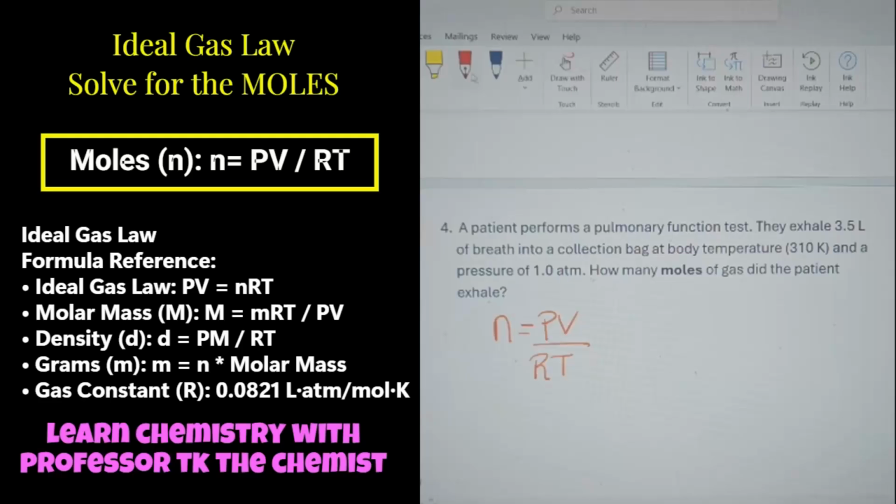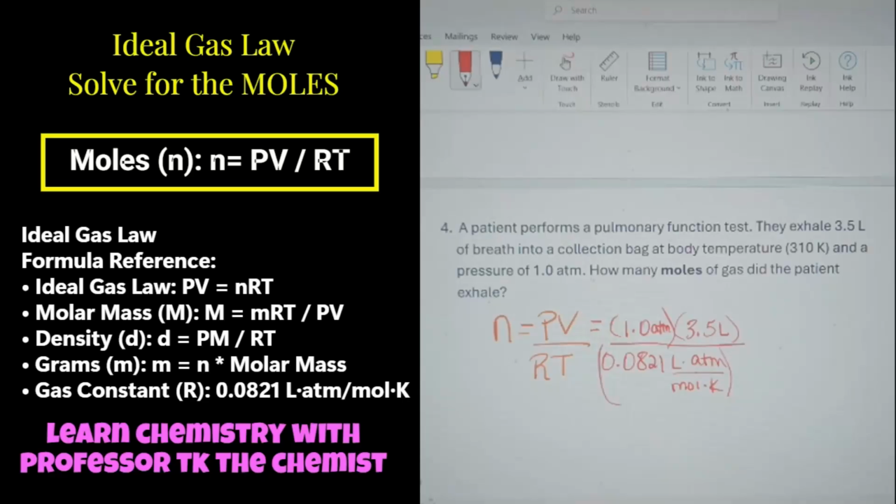So I'm going to plug the numbers into our formula. We got 3.5 liters of breath, okay? That's for your volume. The pressure was 1.0 atm. The gas constant, 0.0821 liters atm per mole Kelvin.